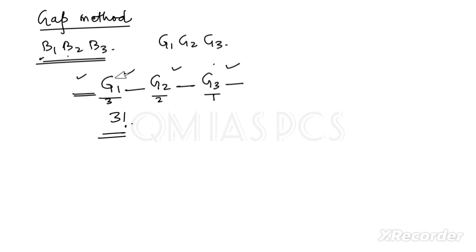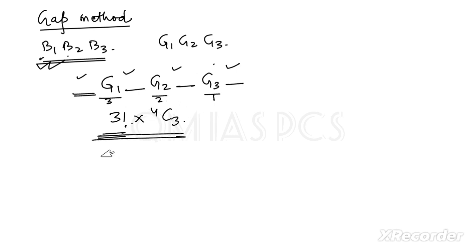Now we have 4 gaps, and out of 4 gaps we have to fill 3 with boys. Out of 4 gaps we take 3 gaps, so it will be 4C3. We have to solve the question very calmly. So the complete answer will be factorial 3 multiplied by 4C3.